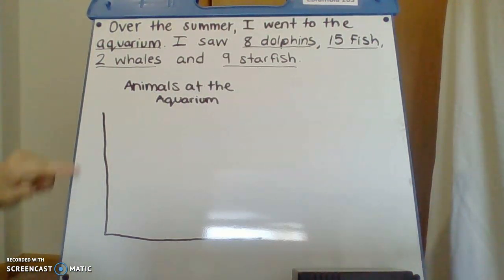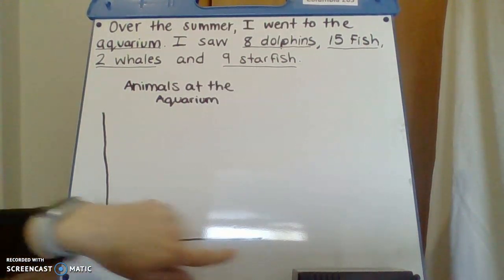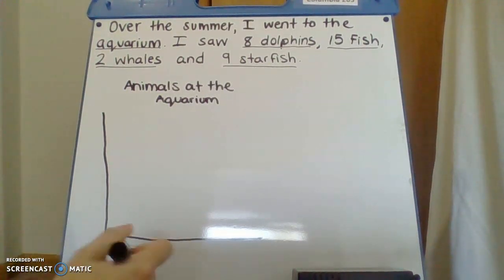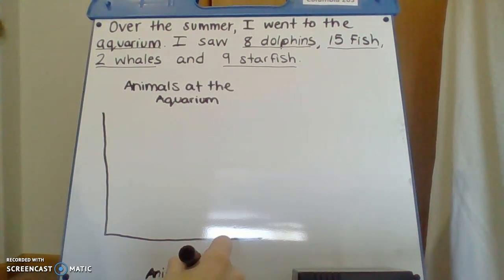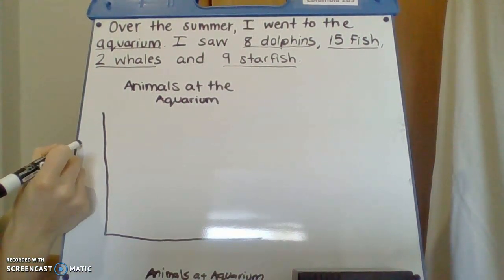You have to label this side. Remember, just like your picture graph, we put the kinds of animals down here, so it's going to be the same thing. We're going to do the kinds of animals at the aquarium.